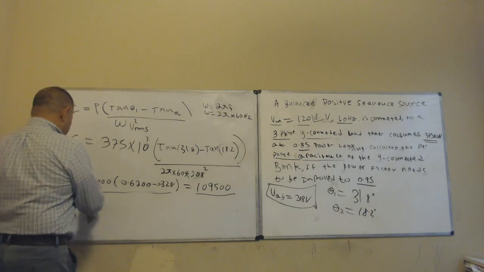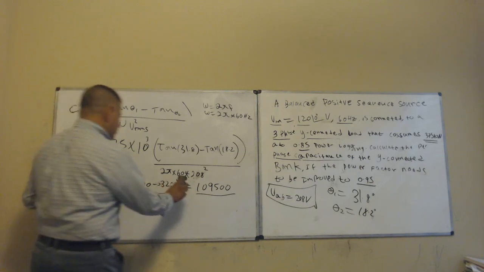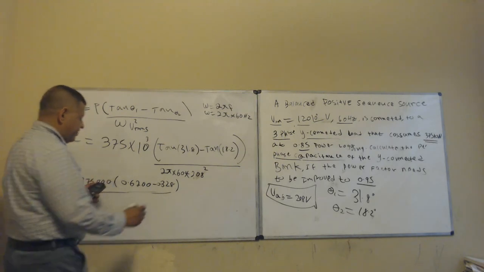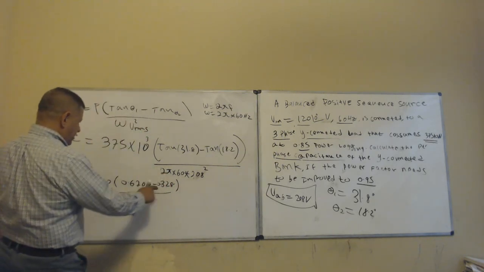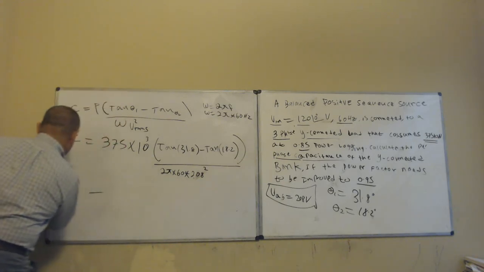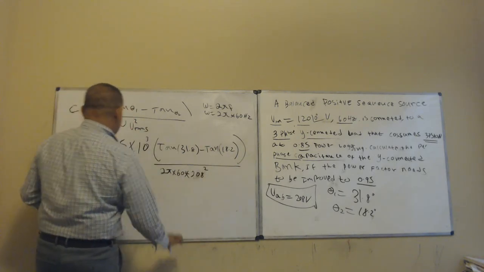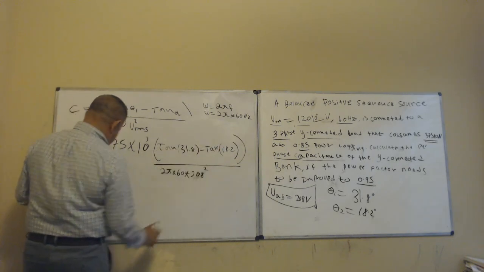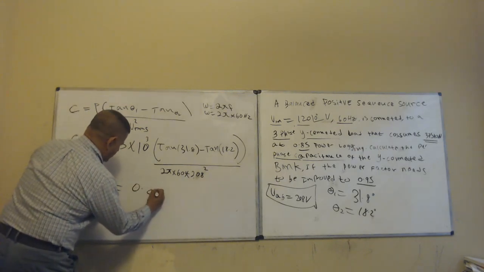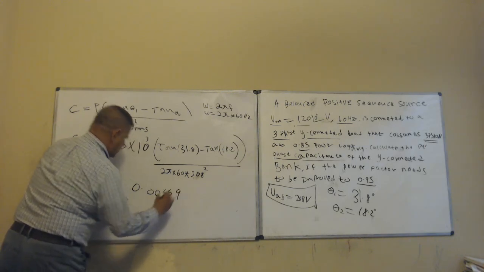Okay, so C should be equal to, at the end of the day, and you've got to be careful with this calculator, because they don't give you a lot of options. But at the end of the day, the answer for this is the following. So plug everything in the calculator, and as long as you put it in the calculator as it is here, you add 3 zeros, C is equal to 0.00669, right?